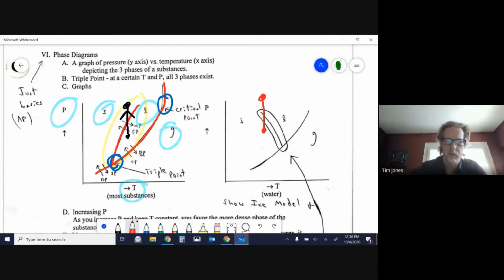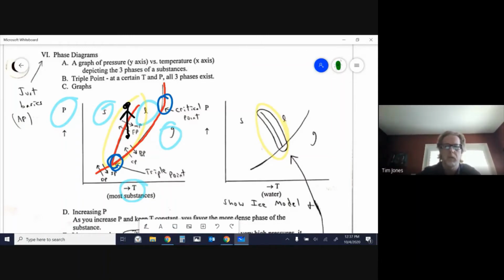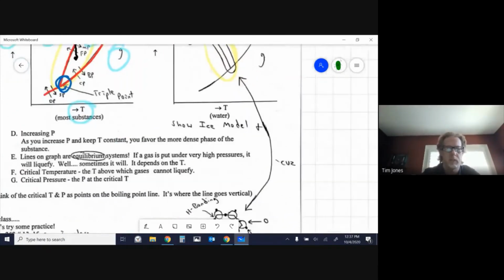The result of this is it causes water to have this odd line which slopes the other way, just in the boundary between the solid and liquid phases. That's special for water. There's one other substance that I can't think of right now that does it, but pretty rare. The reason why it does this is because when water freezes, it expands a little.